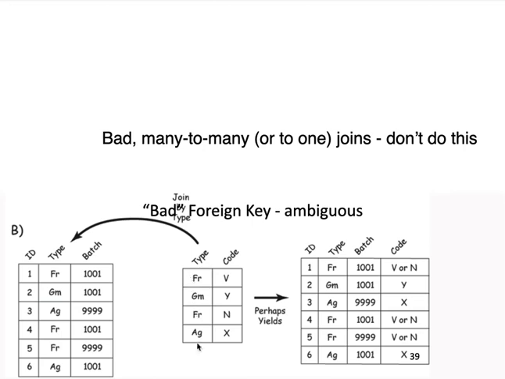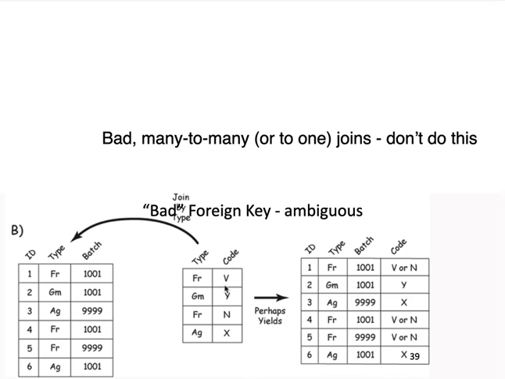So here I have this many values of FR. I have a bad key where I'm doing a join. So this non-key column in a join, a many-to-one, in this case it's many-to-many, I don't know which FR to match to which FR. And the state of the system decides which is going to show up here. And that's never a good thing, right? You don't want ambiguous results.